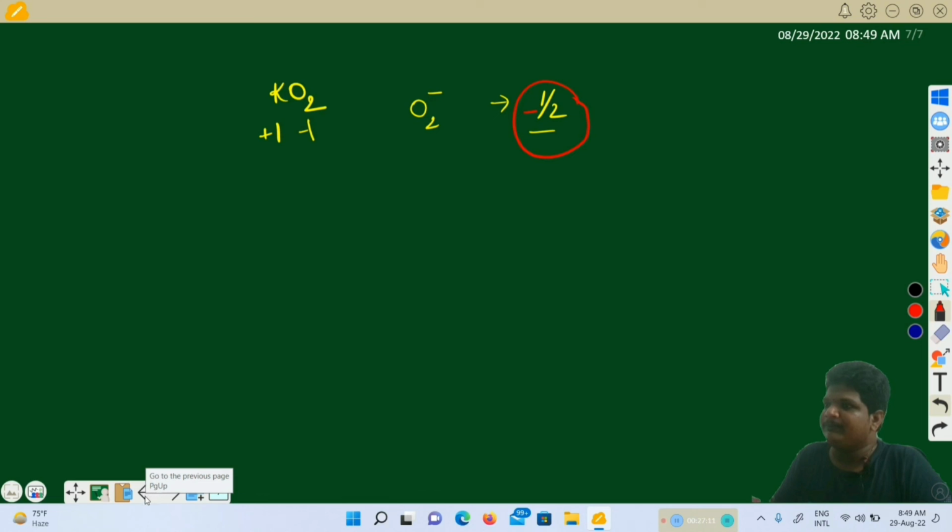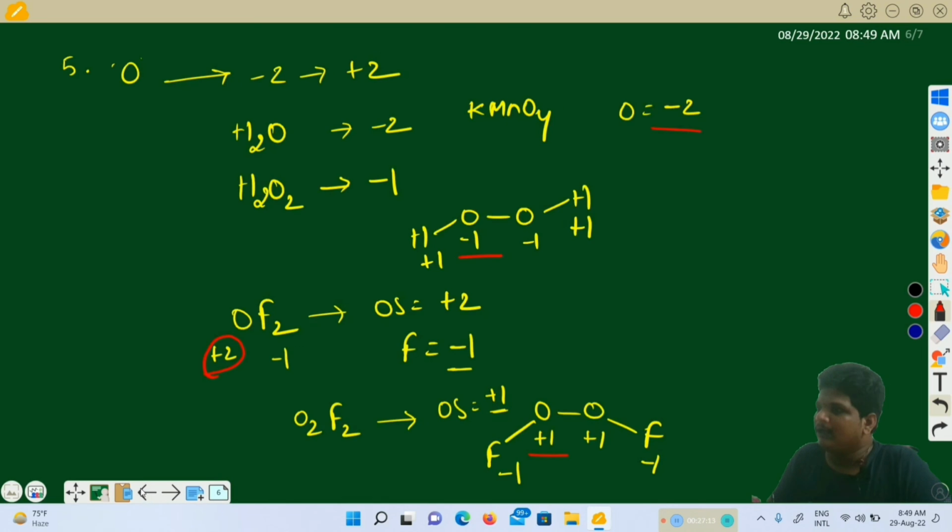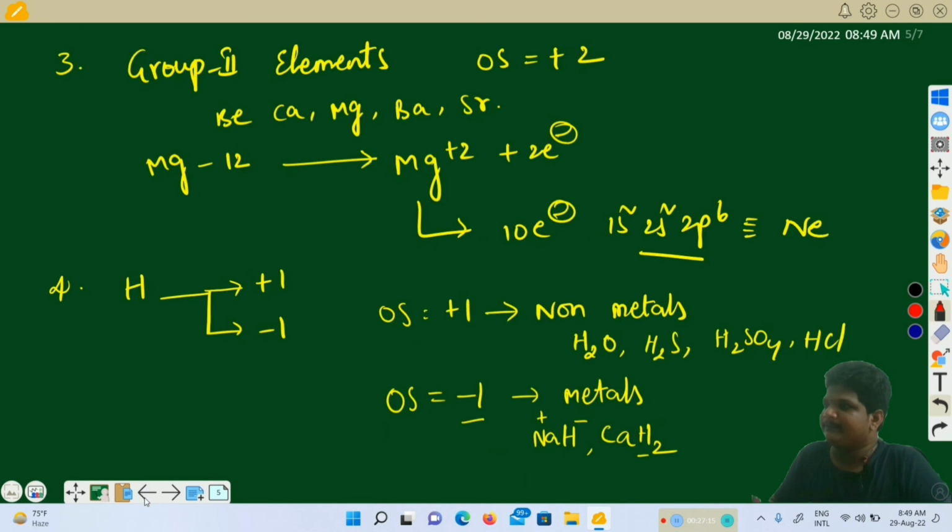One more thing you should notice: in the case of hydrogen, it will exhibit a +1 oxidation state with all non-metals except boron.